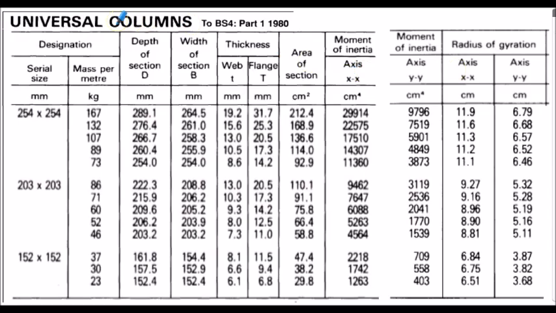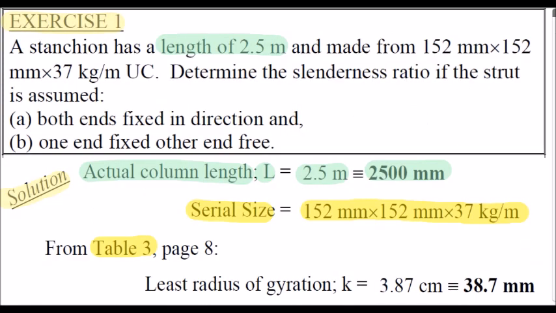Here's the table extracted from our notes for universal columns. So for a 152 by 152 by 37 designation, the least radius of gyration, about the y-axis always here, is 3.87 centimeters. So our K value is 3.87 centimeters converted to millimeters, 38.7 millimeters.